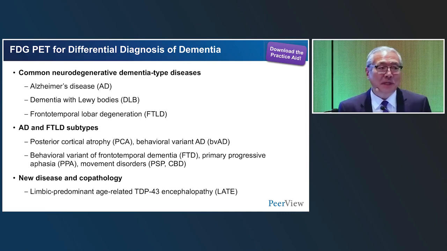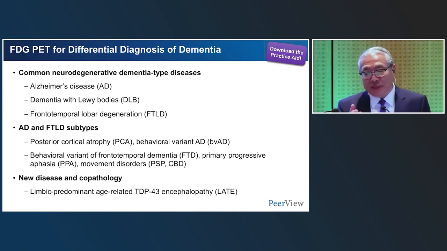Also, I would like to emphasize there is a new disease category called limbic-predominant age-related TDP-43 encephalopathy, abbreviated as LATE, and I'm going to show some of those cases today. It's very important to remember, as Alex mentioned, FDG is a non-specific imaging biomarker.